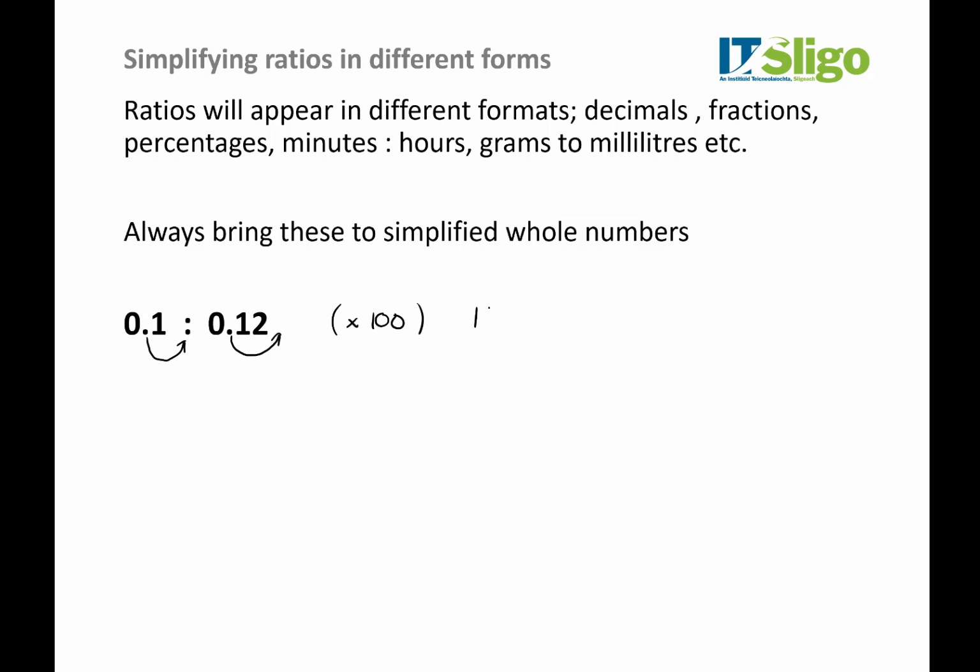We now get 10 is to 12. So 2 will go into both of those. So the correct way to write this ratio is 5:6. So always try and use whole numbers in their simplest form possible.